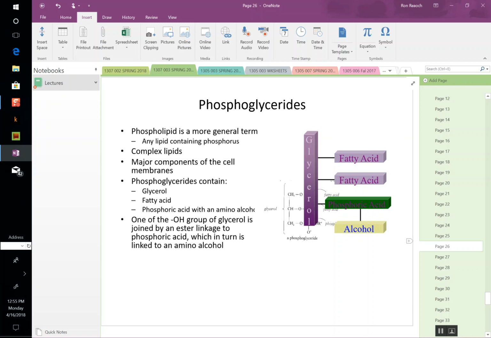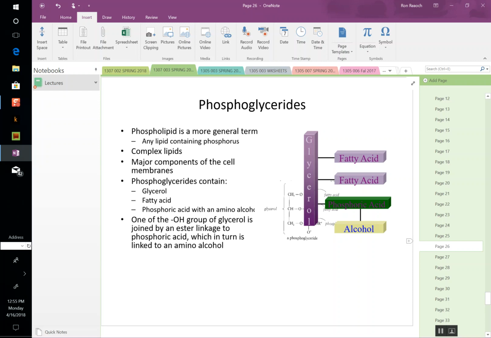Phosphate, remember, is PO4 with a -3 charge. Phosphoric acid is H3PO4. So we have a PO4 group right here. And then, off of this oxygen, there is something attached there. It can be choline, acetylcholine, different things.